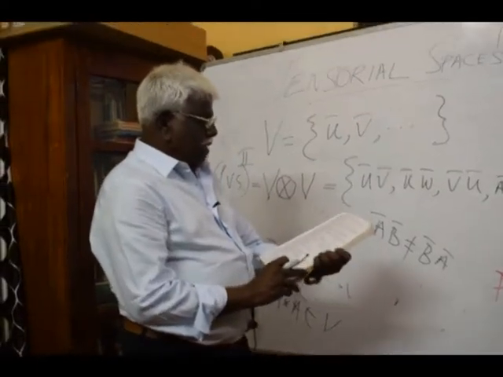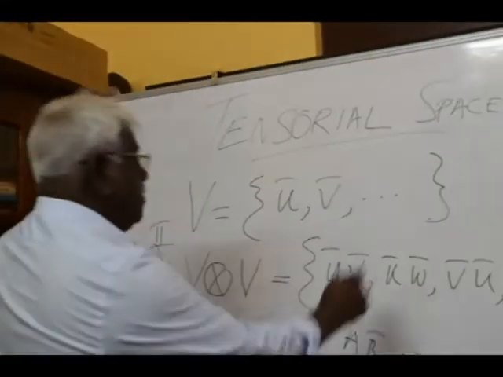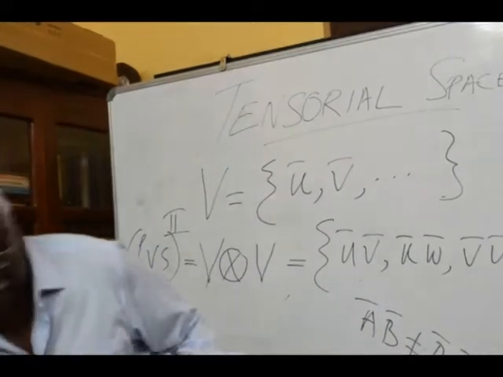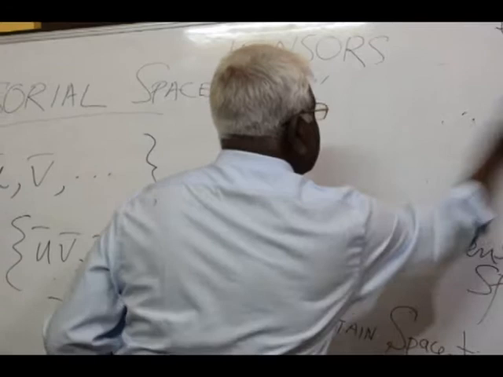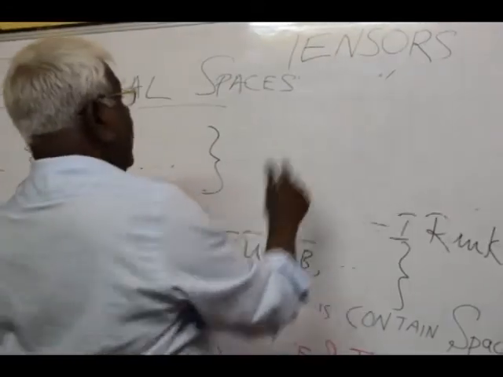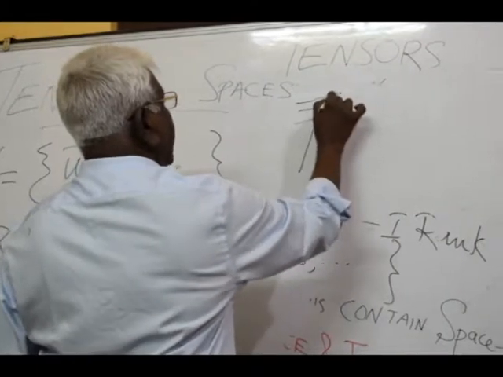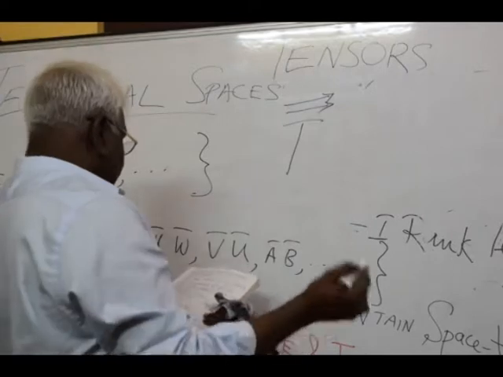And we just think of this mathematical object, say T, with two arrows to denote that it is a tensor of second rank.